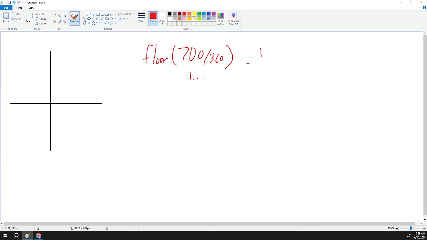The answer here would be 1, right? So you got that part right. The angle over 360 gives our closest complete rotation going down, the closest lower rotation.